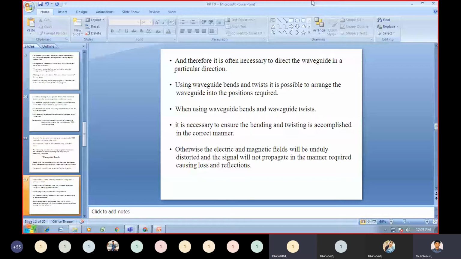So using waveguide bends and twists, it is possible to arrange the waveguide into the positions required.